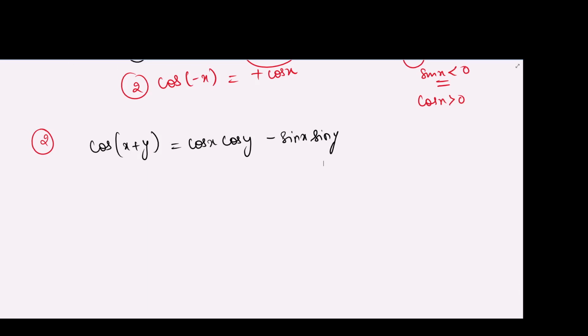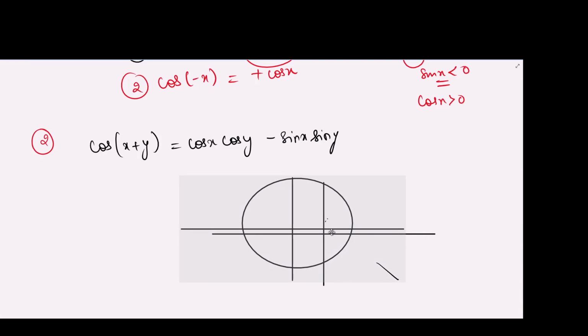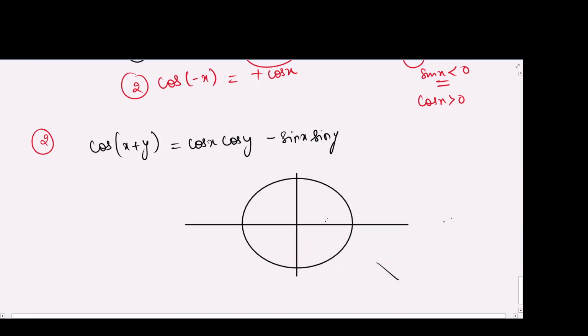So suppose we have a circle with the coordinate system. This is a coordinate system. So let's say at angle x we have point cos x, sin x.